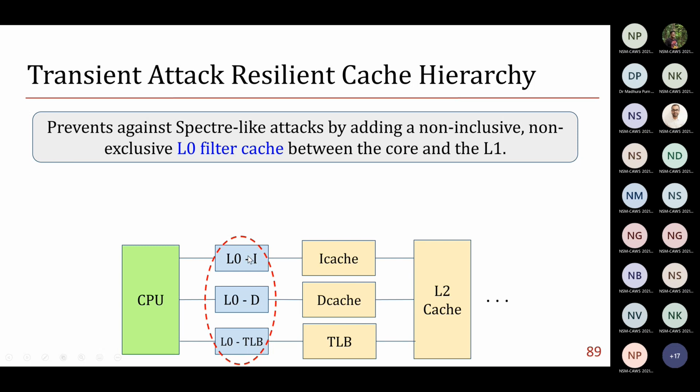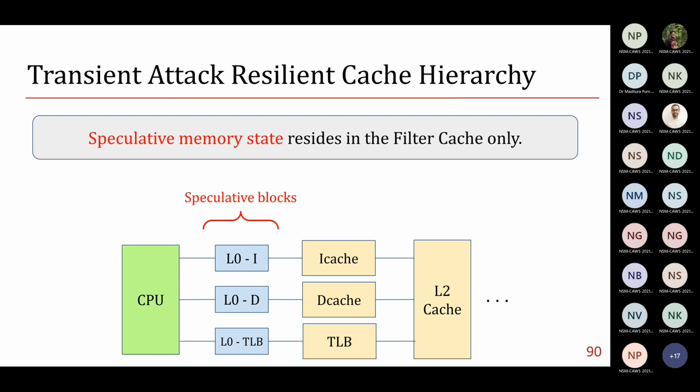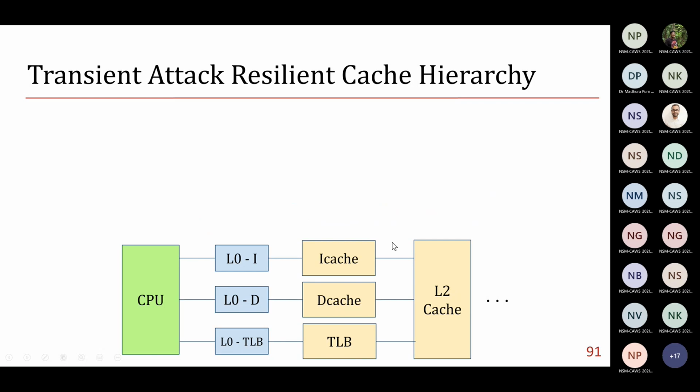These are tiny caches used only for storing data when the processor is executing in speculative mode. Once the instructions are committed, that means they are no longer in the wrong path, then you can put them back into the rest of the hierarchy, L1, L2, L3, and so on. In this way, the Spectre attacker won't be able to use the cache hierarchy as a side channel to mount a Spectre attack.